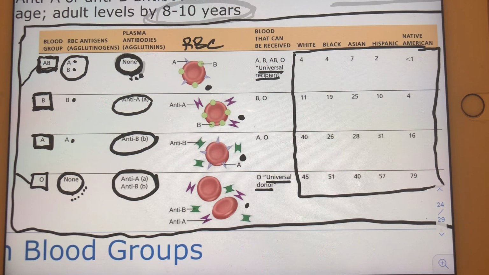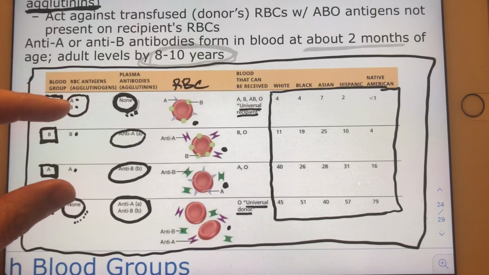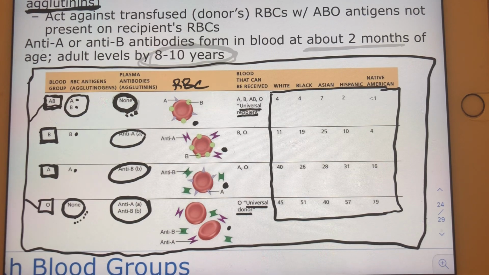Okay, so moving on. Oh, one thing I wanted to point out actually before I move on to the next slide. We start making and accumulating anti-A and/or anti-B antibodies if we're going to make them. And of course, if we have type AB blood, we're not going to make them. But if we're going to make them, we start accumulating them at about 2 months of age.